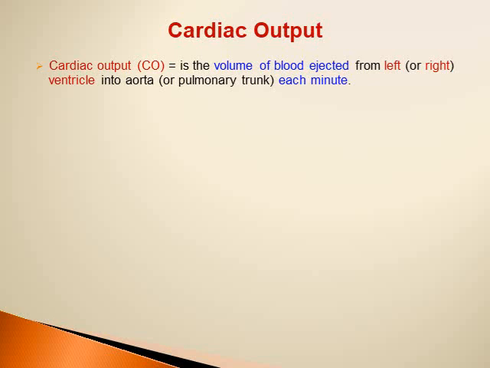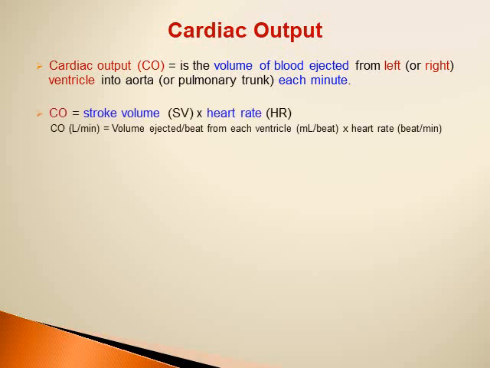Please be careful. If I ask what is the cardiac output of the right ventricle, it is the volume of blood ejected from the right ventricle into the pulmonary trunk in 1 minute. Cardiac output of the left ventricle is the volume of blood ejected from the left ventricle into the aorta in 1 minute. So it is per ventricle, not from both ventricles.